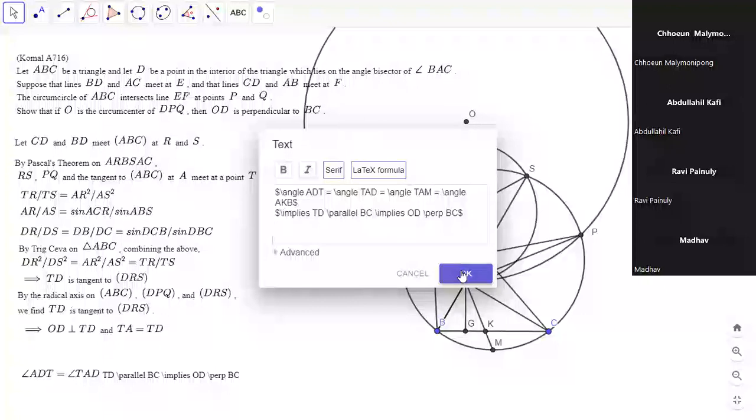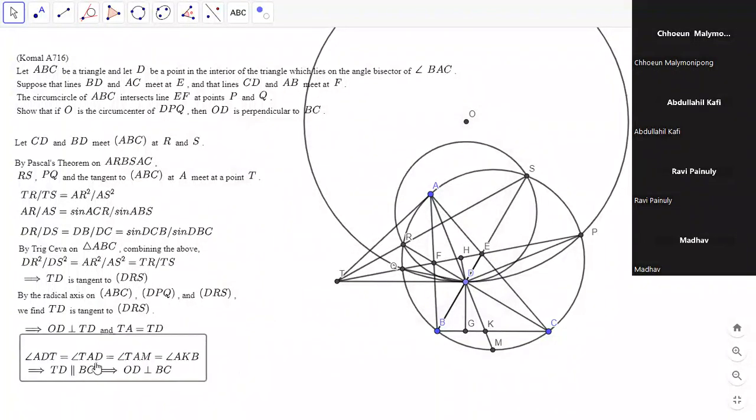I think this is like the full proof. Okay, so TAM we're saying is AKB. And yeah, this is because the tangent at M is parallel to BC.